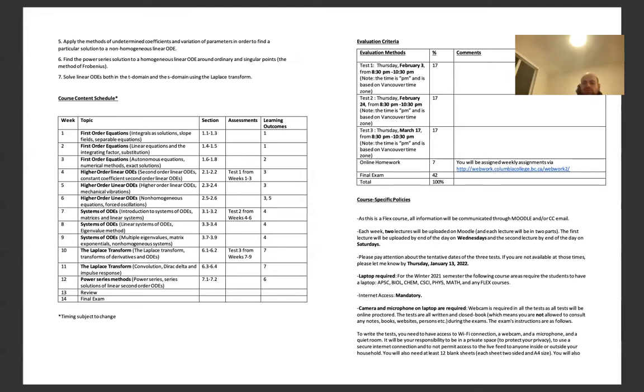So if you do all the homework perfectly, that means you will have 7% of the total grade. And if not, the ratio will be counted.